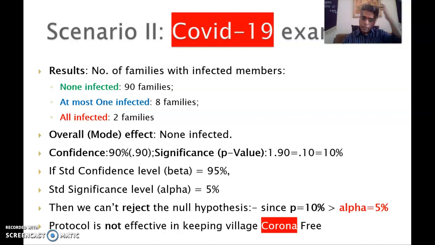So in this case, since the p-value of our results, which is 10%, is greater than alpha, which is 5%, the protocol is not effective in keeping the village corona free, because we cannot reject the null hypothesis. And what was the null hypothesis? The null hypothesis was that the protocol cannot keep the village corona free.